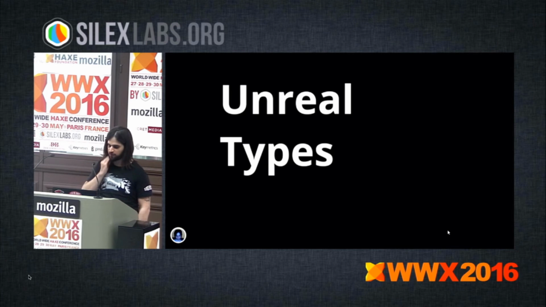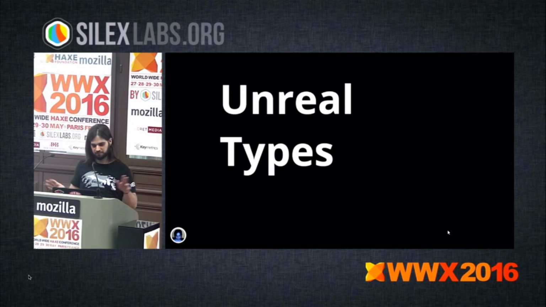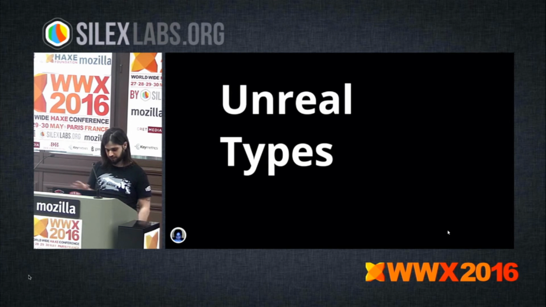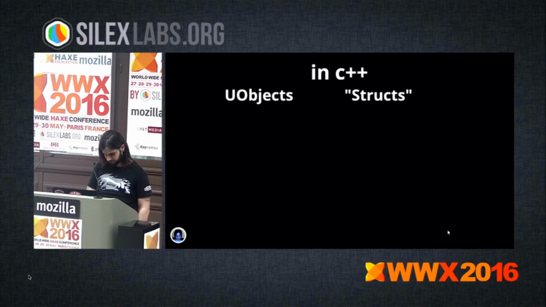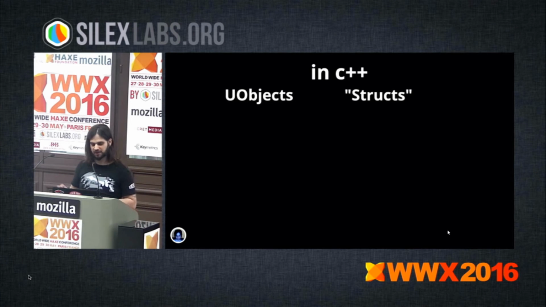Okay, so I'm going to do a quick overview of some Unreal types and how they can be used in Haxe, because there are two different kinds of types in Unreal, and they are very different. In C++, you have basically these UObject types and everything else that sometimes is called structs.